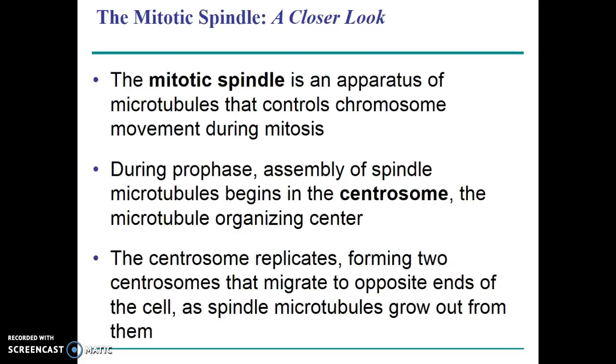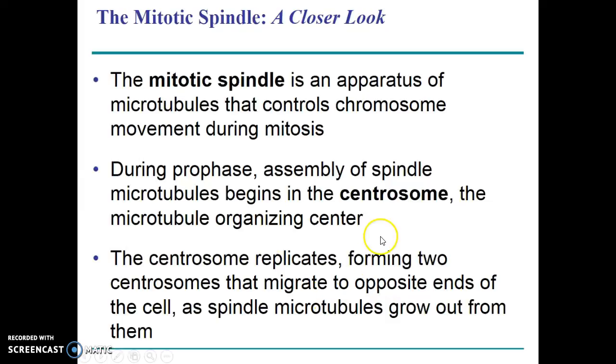So we have the mitotic spindle. Let's take a closer look. The mitotic spindle is an apparatus of microtubules that controls chromosome movement during mitosis. During prophase, assembly of microtubules begins in the centrosomes, the microtubule organizing centers.